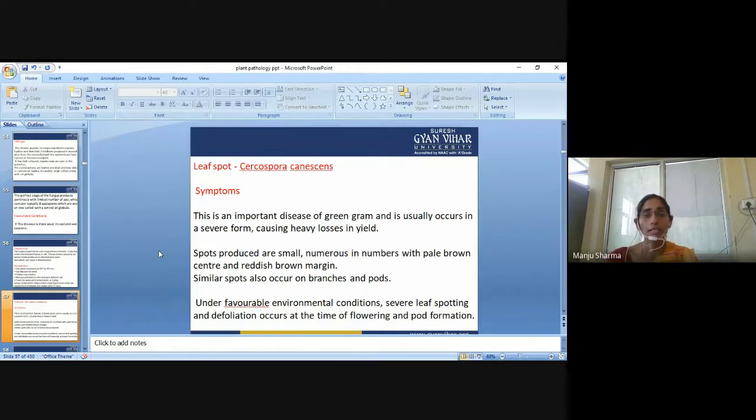Then the next disease is the leaf spot disease, and the pathogen is Cercospora canescens. Symptoms: this is an important disease of green gram, usually occurs in severe form, causing heavy losses in yield.